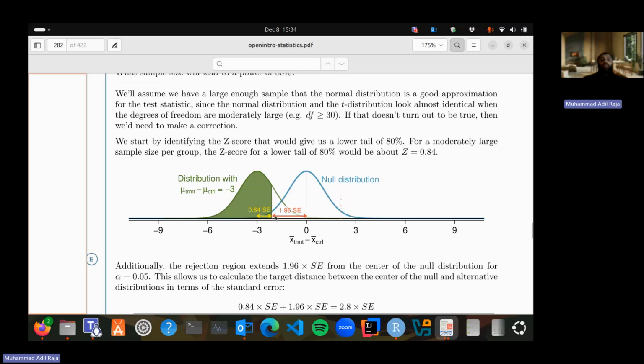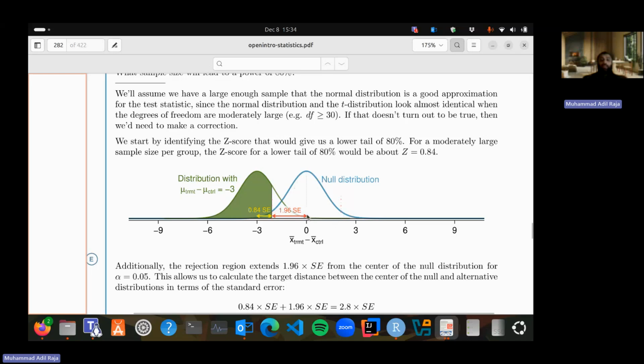And when we compute the z-score corresponding with that, the z-score basically tells us that this length is going to be 1.96 times SE. So 1.96 is the z-score corresponding with the 95% confidence level.